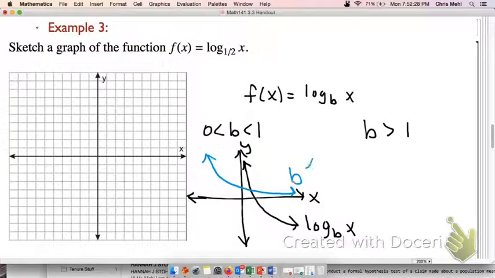So the blue graph is b to the x. Again, if I think about the line y equals x, you should be able to hopefully convince yourself that those functions are reflections of each other over that line y equals x.